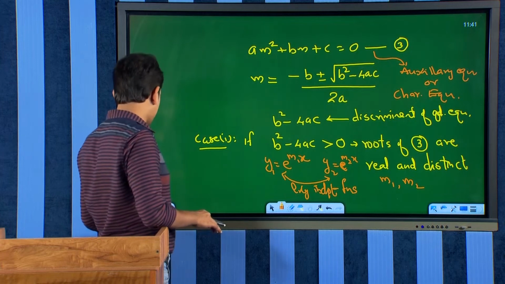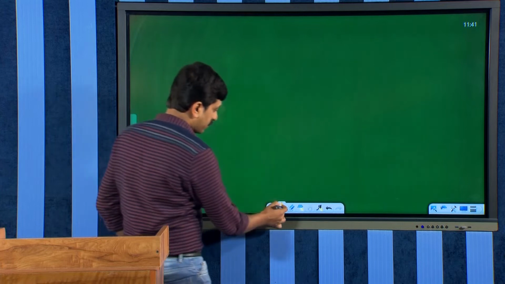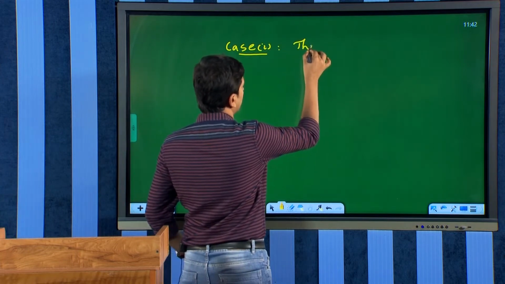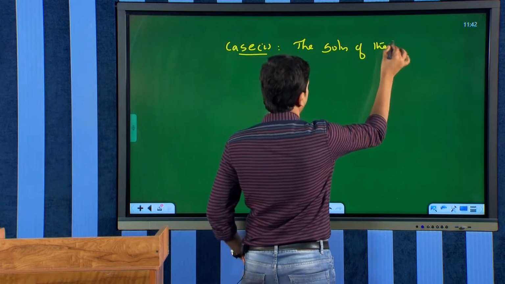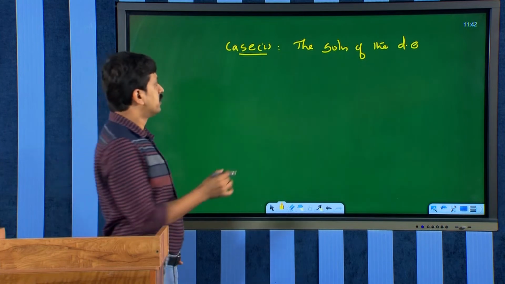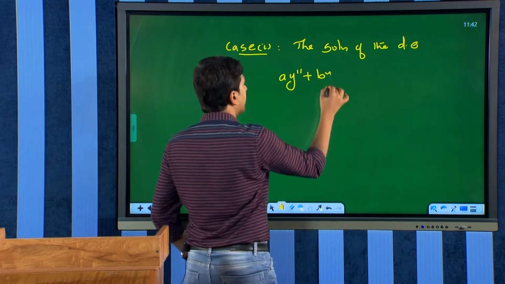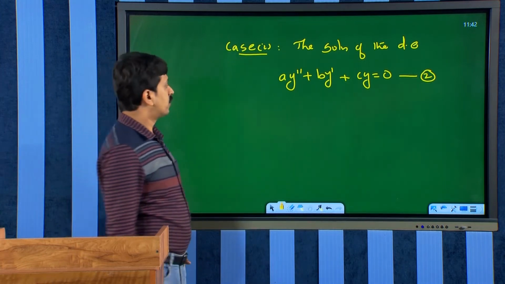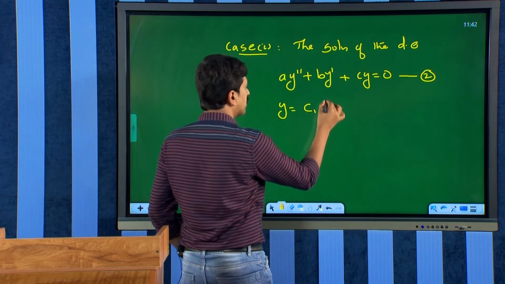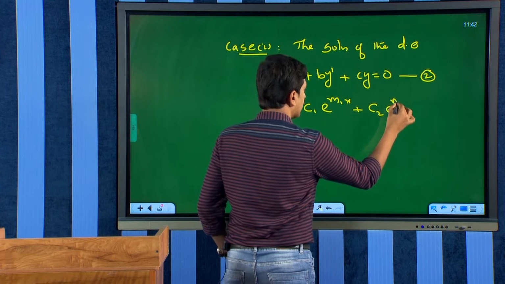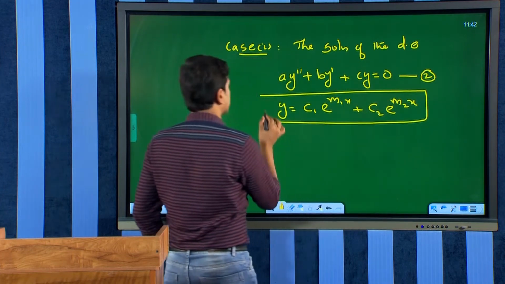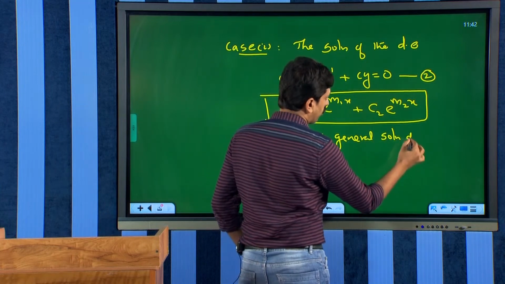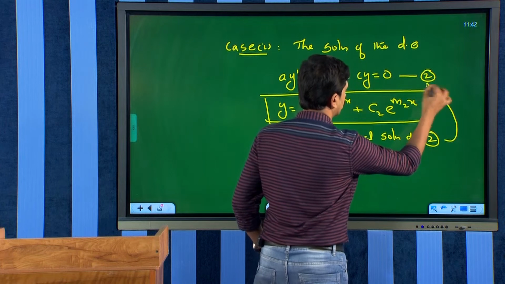So in case 1, the solution of the differential equation a y double dash plus b y dash plus c y equal to 0 is y equal to c1 e raised to m1 x plus c2 e raised to m2 x, which is the general solution of equation number 2.